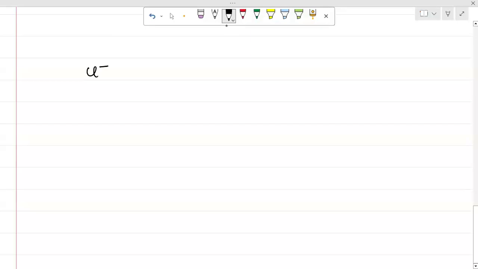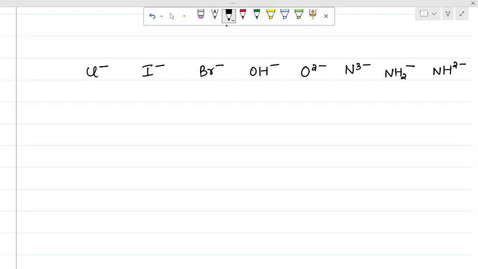Cl minus completes its octet when it gains one charge. I minus, Br minus, OH minus. Correct. O2 minus, N3 minus, NH2 minus. These are all examples of ligands which are charged and monodentate.